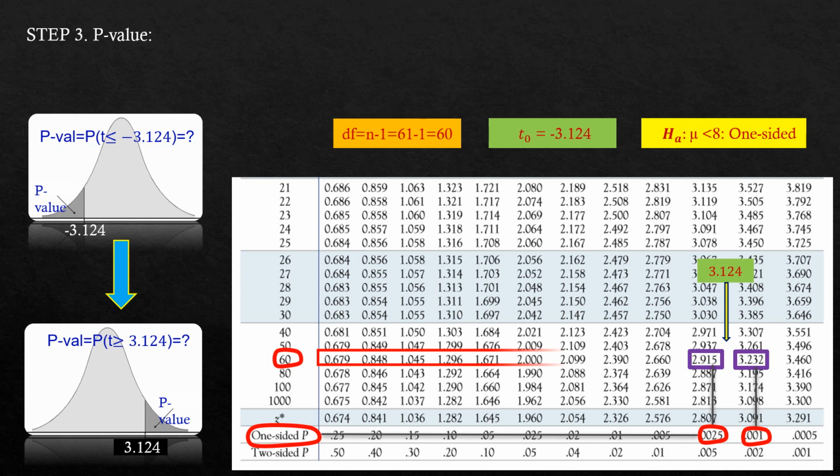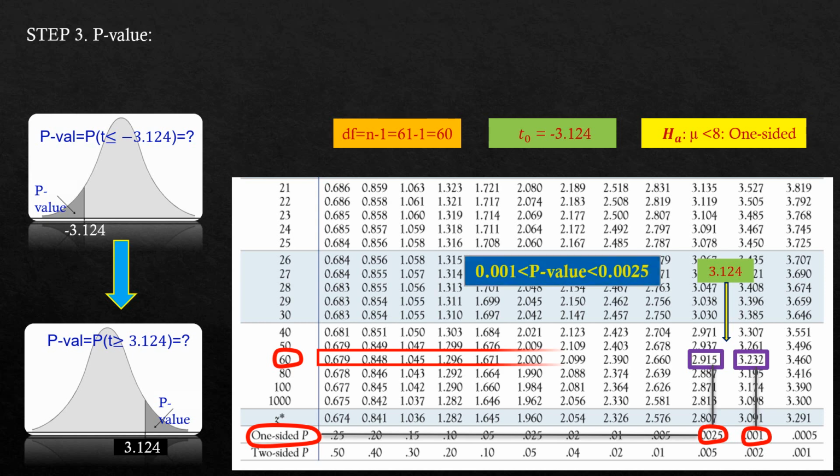Now think again. Our test statistic is 3.124, but we cannot find the exact p-value for that number. Why? We cannot find that number in the table corresponding to 60 degrees of freedom. Therefore, our p-value for this number should be in between 0.001 and 0.0025.